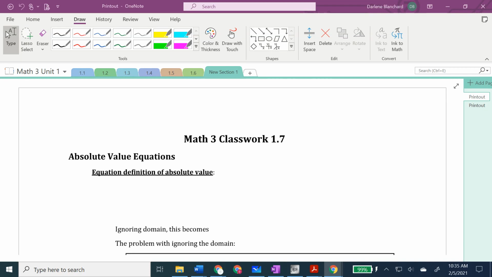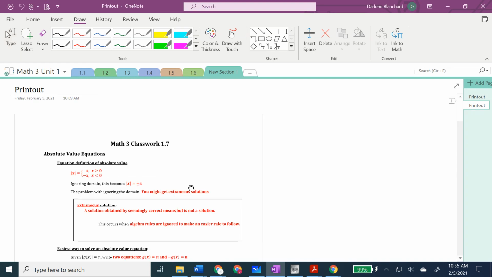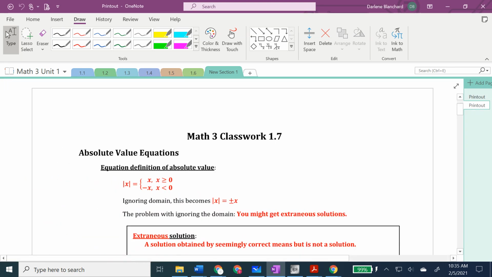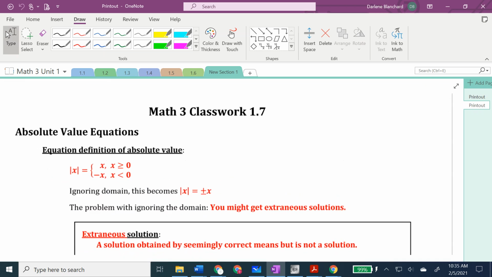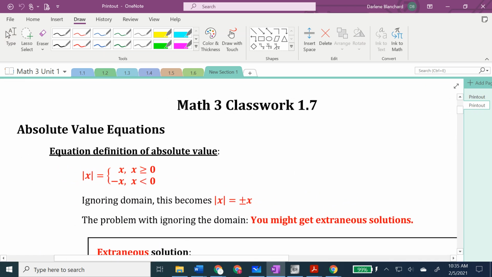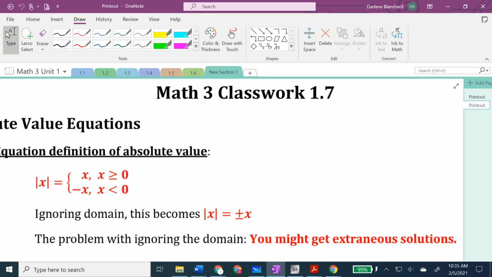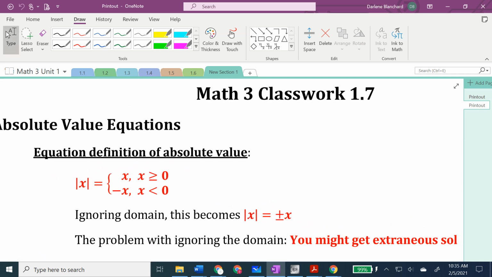Absolute value. I want to make sure you're clear on the definition of absolute value. The absolute value is a piecewise defined function, and that's one thing you want to really make sure you're clear about.